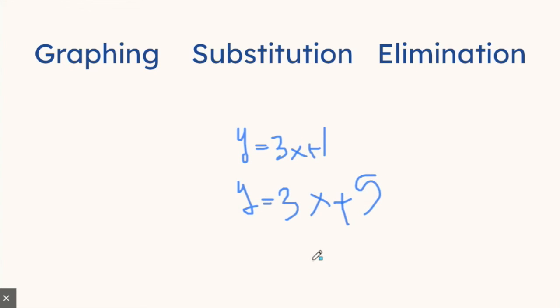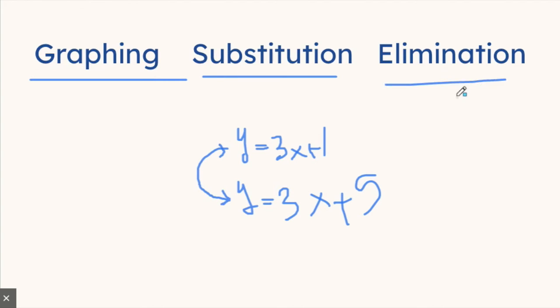And a system of equations is asking us for a solution. It's asking us what we get when we have both lines. And this is going to make more sense when we get into the 3 types of ways we can solve this. But let's just learn the types of answers we can get.